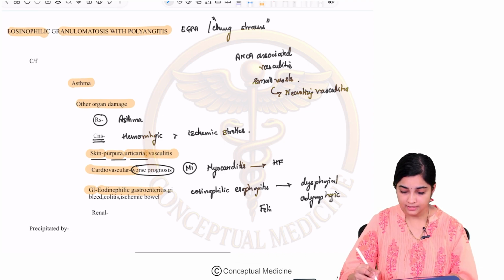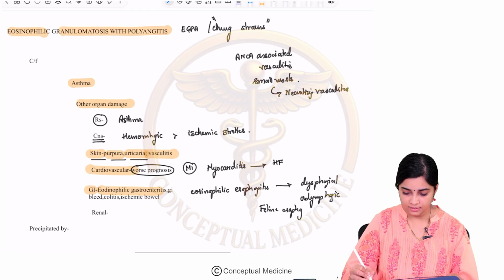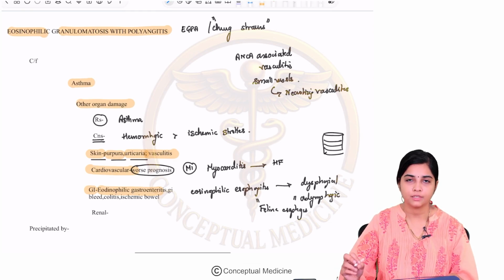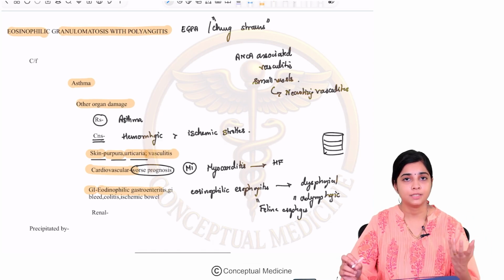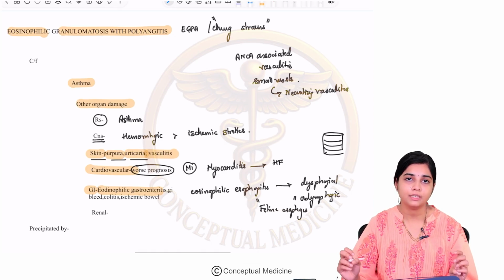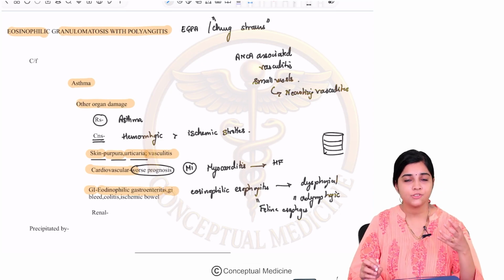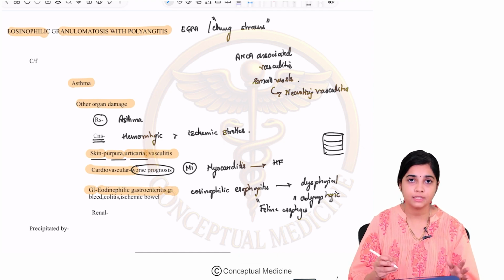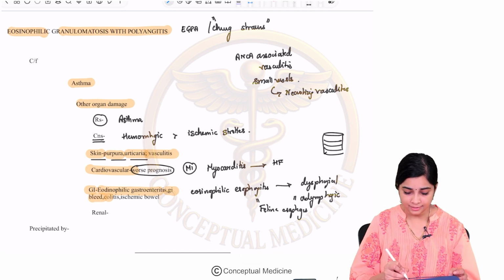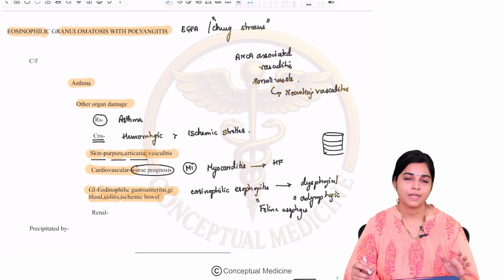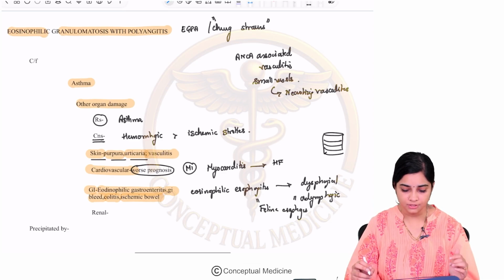That is the feline esophagus, and you will find trachealization of the esophagus, similar to tracheal rings. Apart from that, they can have GI vasculitis, presenting with massive upper or lower GI bleed. They can have colitis and ischemic bowel. All of this is because of vasculitis and eosinophilic infiltration into the GI tract.